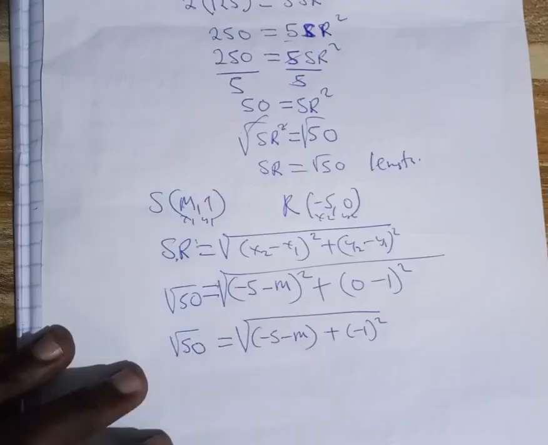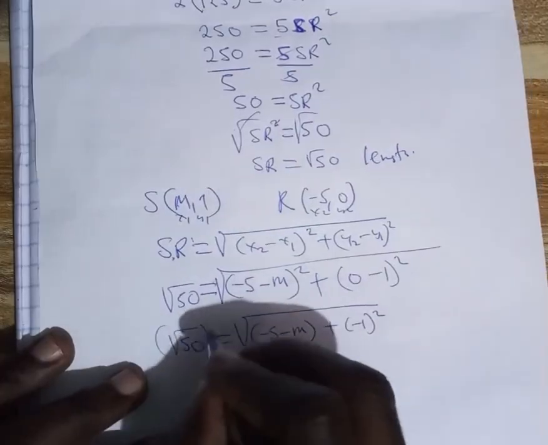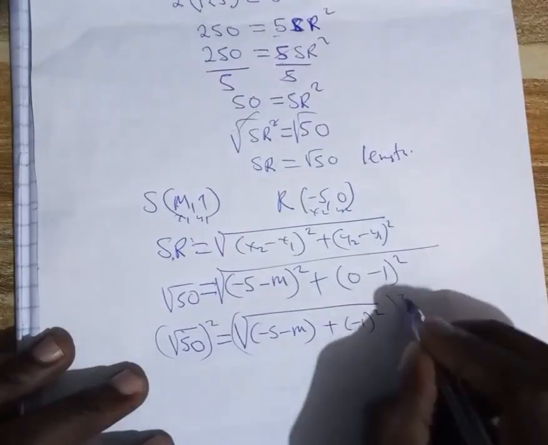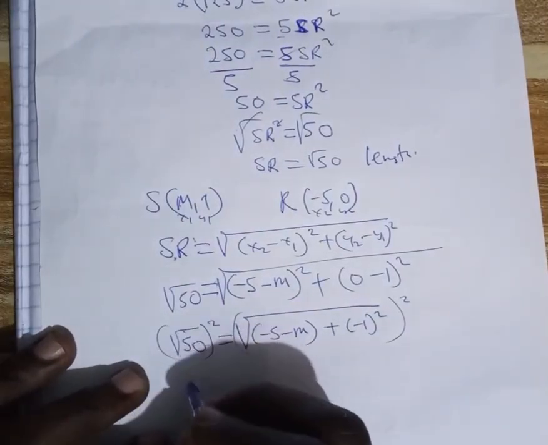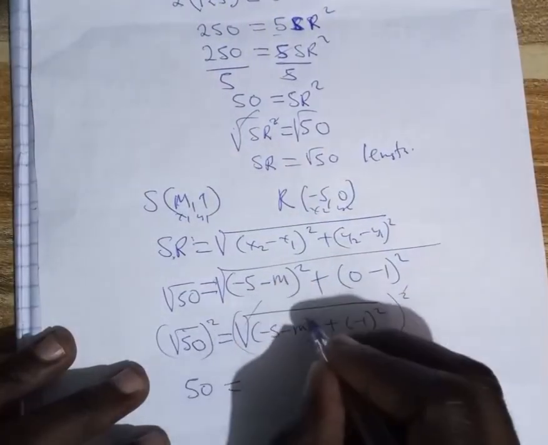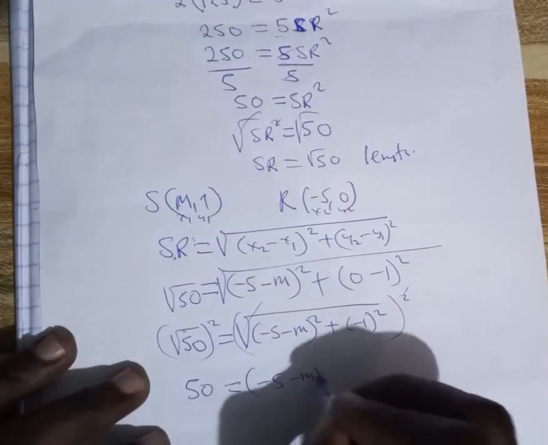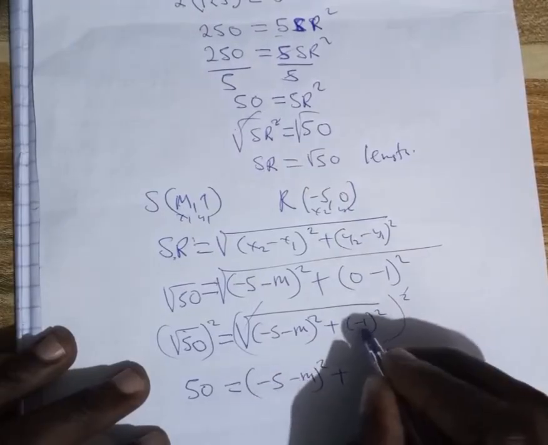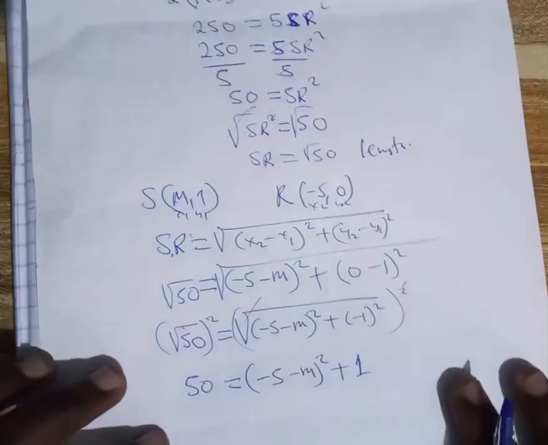Whenever you see square root, you introduce power 2. I'll put a power 2 this side, also a power 2 this side, so that the power 2 and the square root will cancel. So you have 50 equal to negative 5 minus m squared plus negative 1 power 2, which is just positive 1, because it's negative 1 times negative 1.